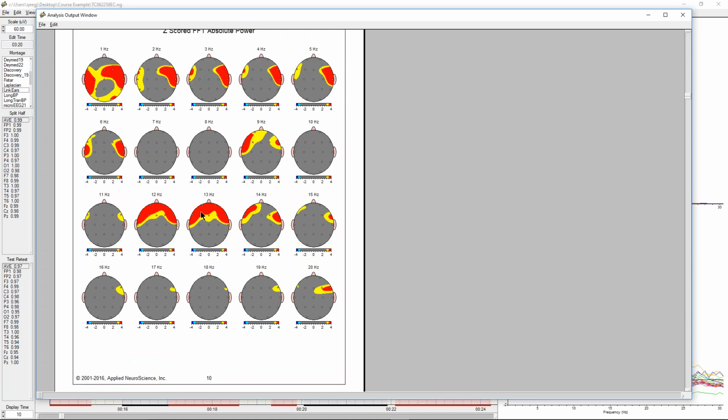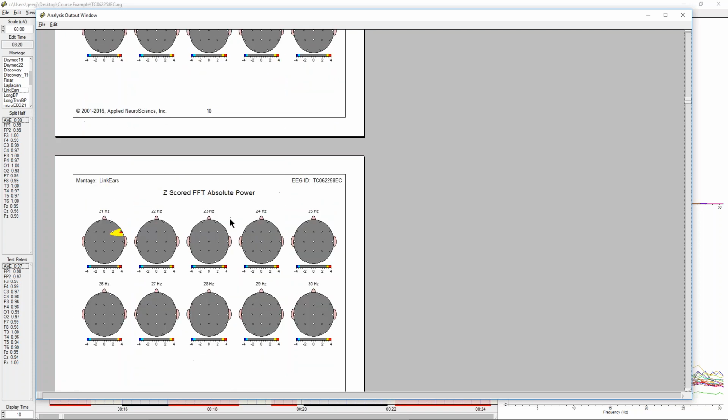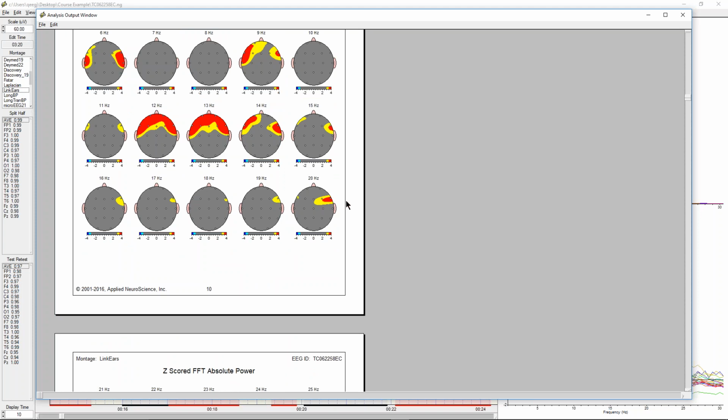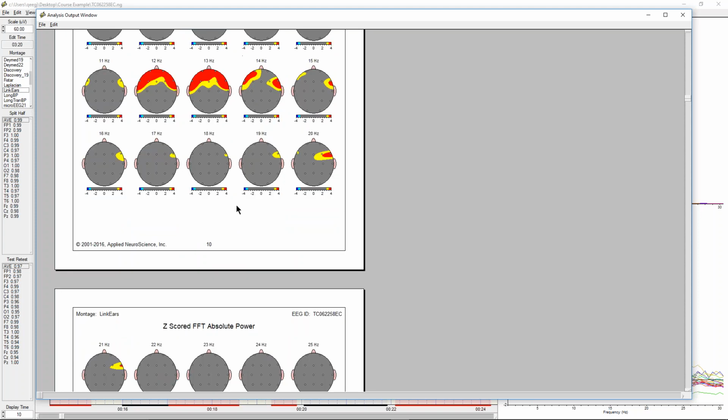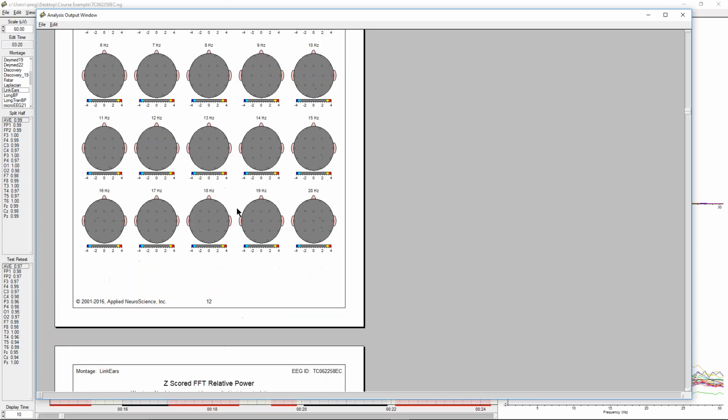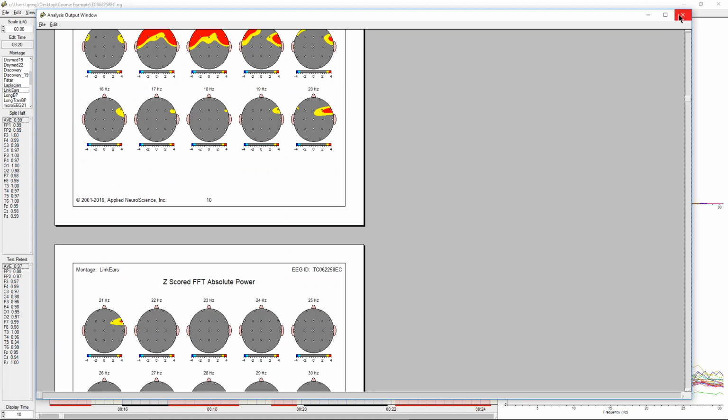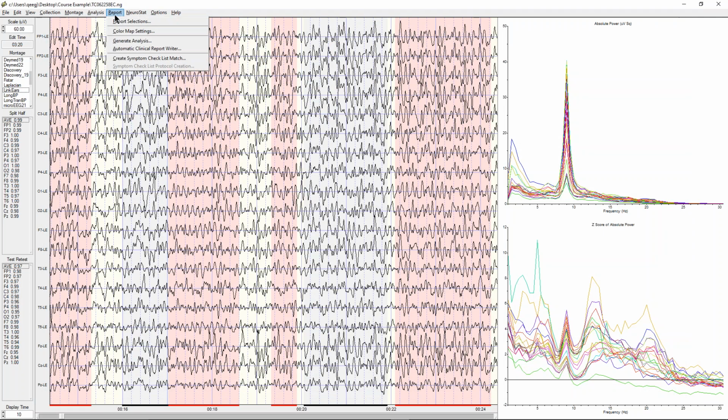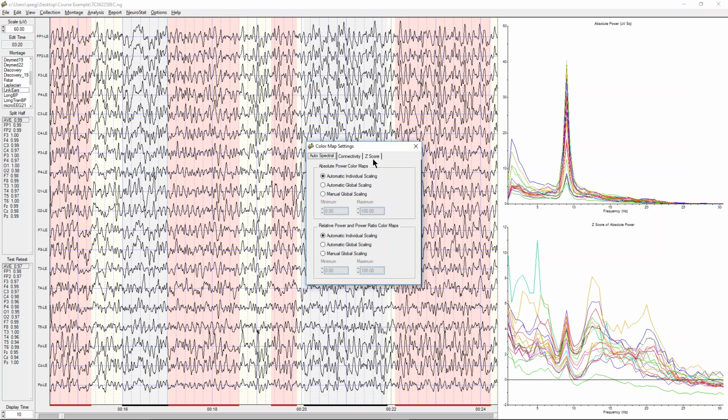And so we see quite significant deviations from expected values in these frequencies, possibly indicating the results of the impact injury that this person sustained. But let's go back to the normal settings. So you can manipulate the view to display it in a way that helps make sense to you.